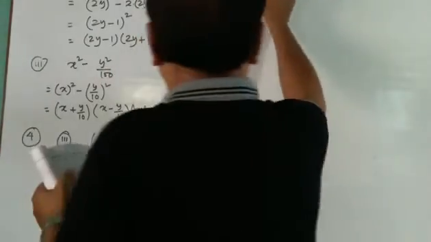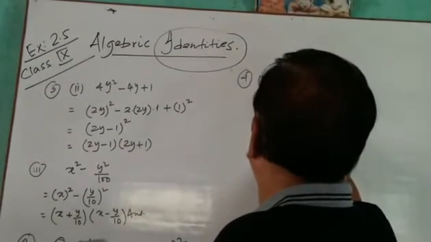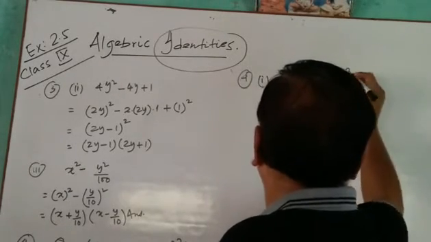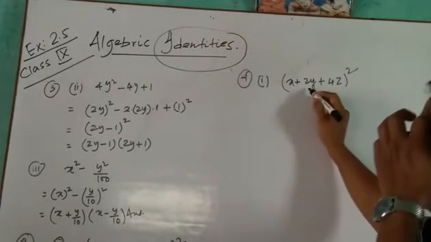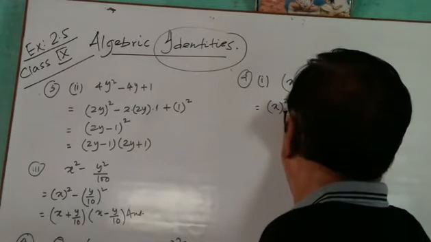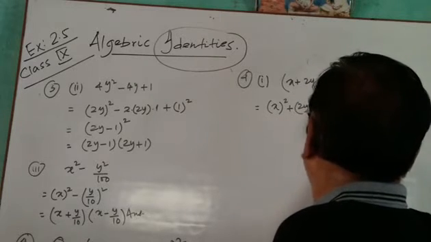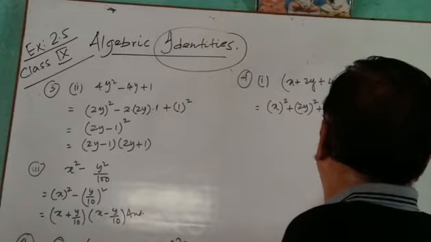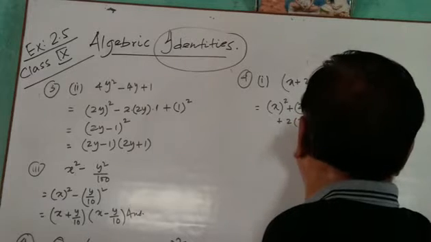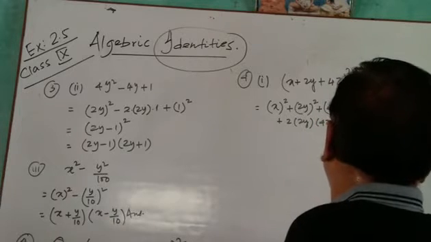One more question from question number 4, question number 1, let me explain. It is (x + 2y + 4z) whole square. Now this is your a, this is your b, this is your c. No question of minus sign. So simply you write a square plus b square plus c square plus 2 into x into 2y plus 2 into 2y into 4z plus 2 into x into 4z.